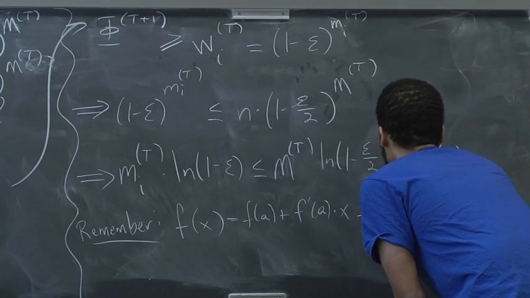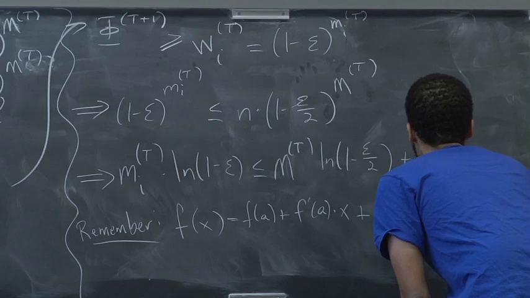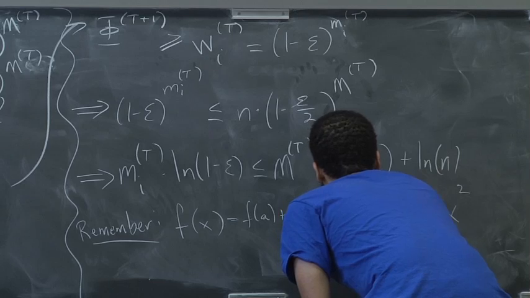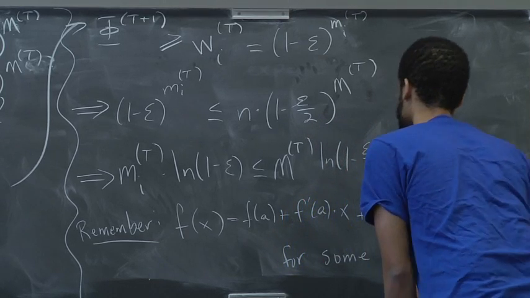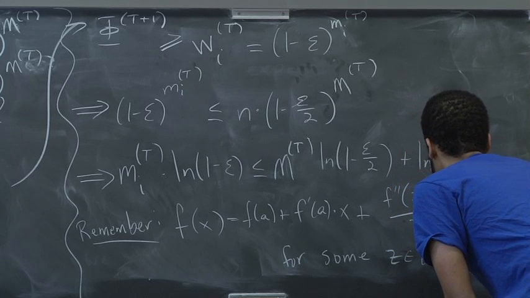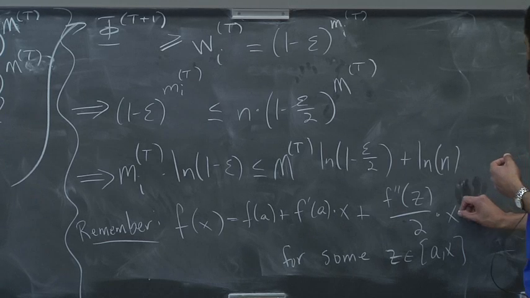The error is the second derivative at some point z over 2 times x minus a squared, for some z in the range from a to x, or x to a, depending on which one's bigger. Yeah, thanks. Whoops.